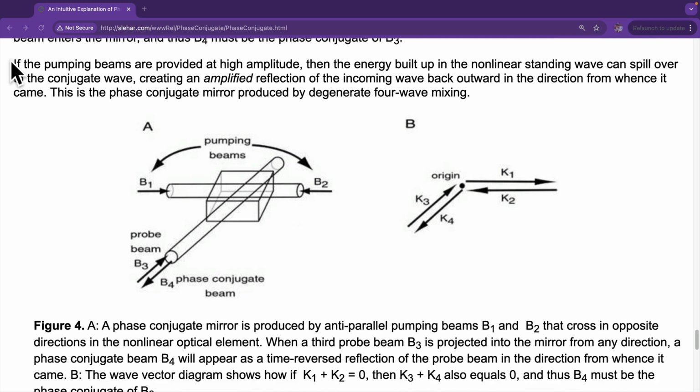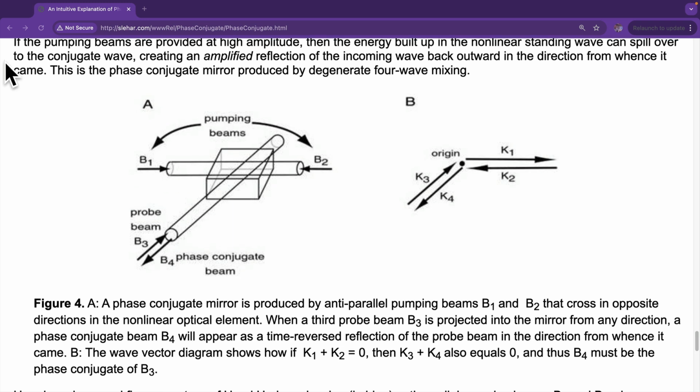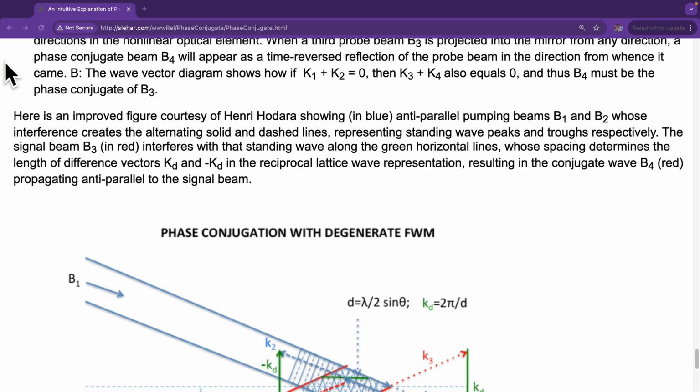If the pumping beams are provided at high amplitude, then the energy built up in the nonlinear standing wave can spill over to the conjugate wave, creating an amplified reflection of the incoming wave back outward in the direction from whence it came. This is the phase conjugate mirror produced by degenerate four-wave mixing.